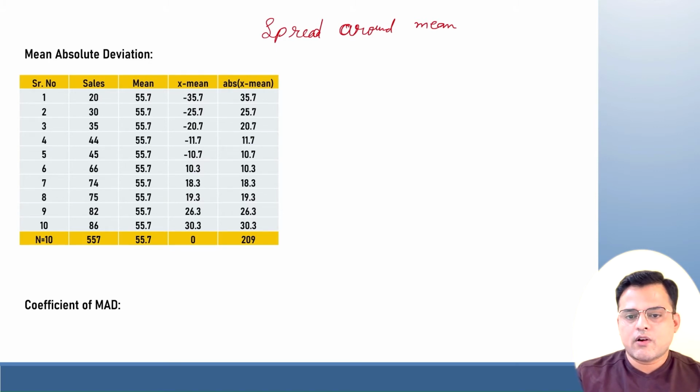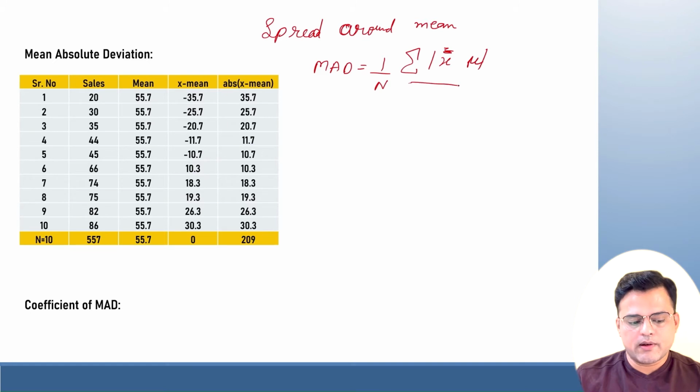The formula for mean absolute deviation is MAD equal to 1 by n sigma of the absolute value of x minus mu, divided by n, where i goes from 1 to n.